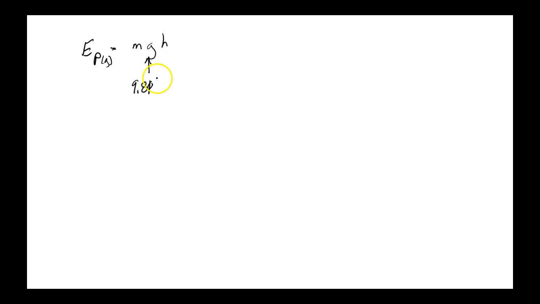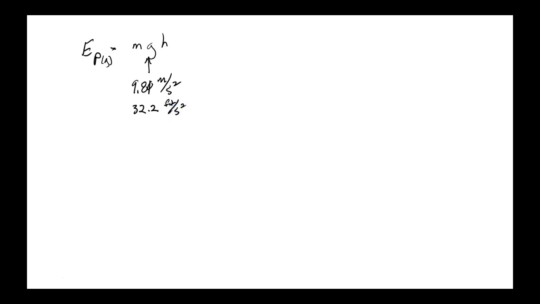And what units would that be? Meters per second squared. Or, if you're in U.S. customary system, it would be, anyone remember? 32.2. What units? Feet per second squared. Okay?